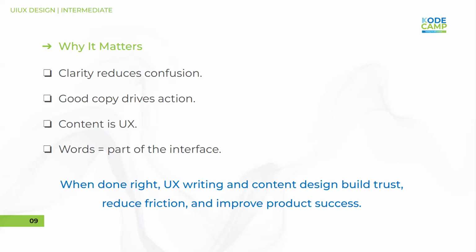Okay. Content is user experience, and words are part of the interface. So when you have the right words, that is actually going to make the interface functional. Okay. So when done right, UX writing and content design build trust, reduce friction, and improve product success.